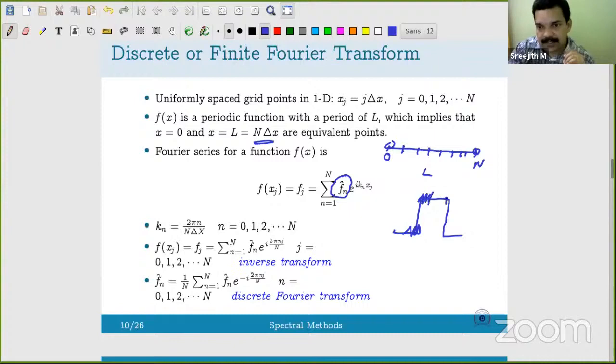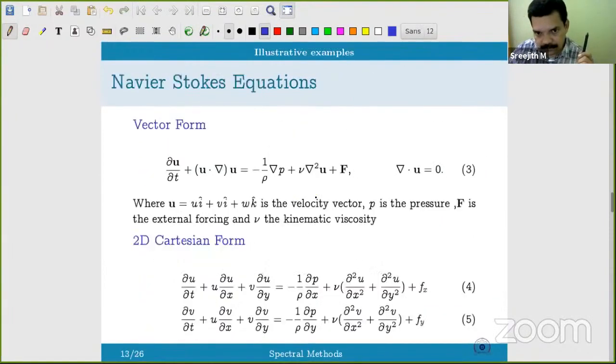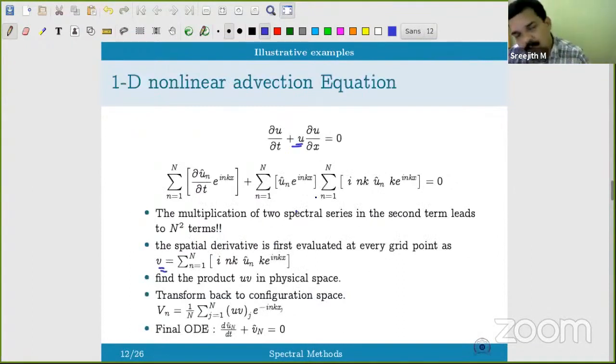There will be high oscillations at the sharp changing points. This phenomenon is known as the Gibbs phenomenon. So when you use the Fourier spectral method, the function u should be continuous.